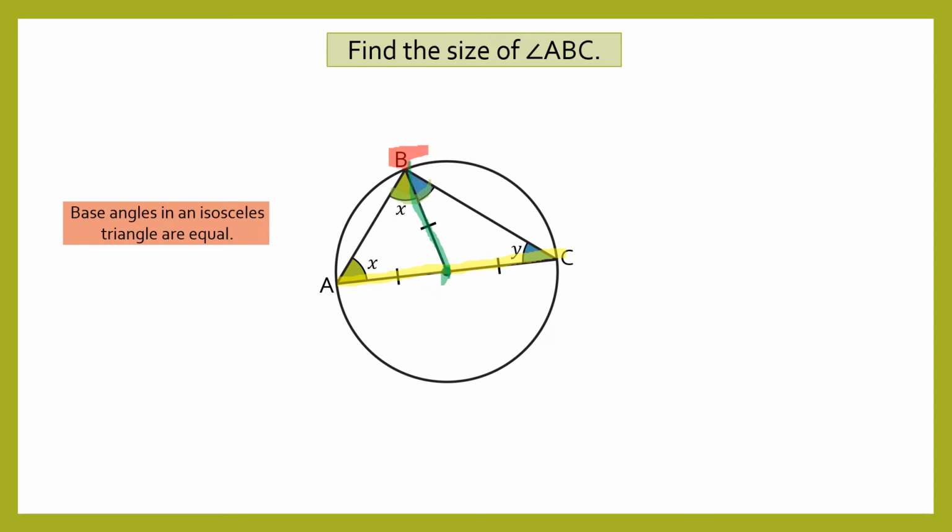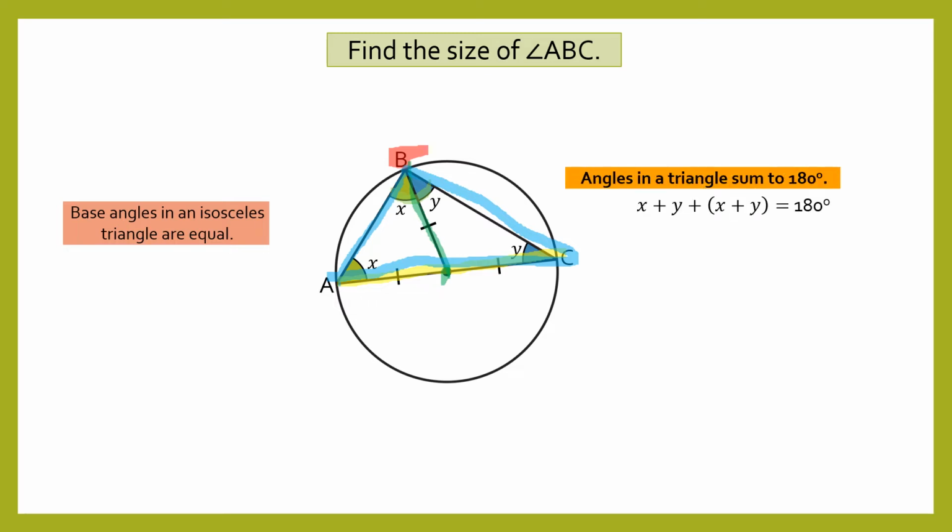Now, after doing this, I'll take the equation which says the angles in a triangle add up to 180. So x plus y plus x plus y is equal to 180, since I have taken these two x plus y together.